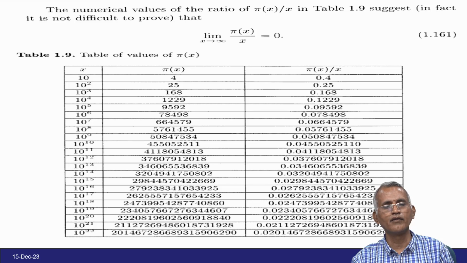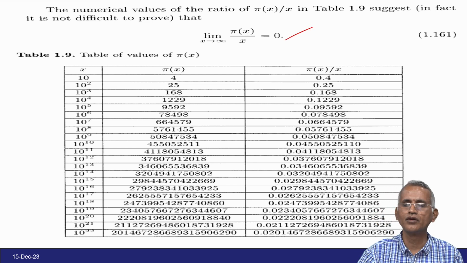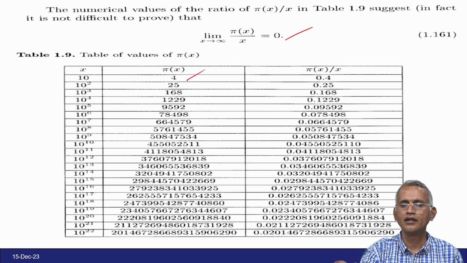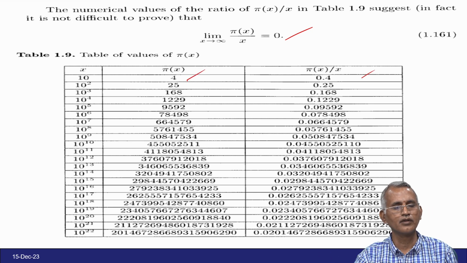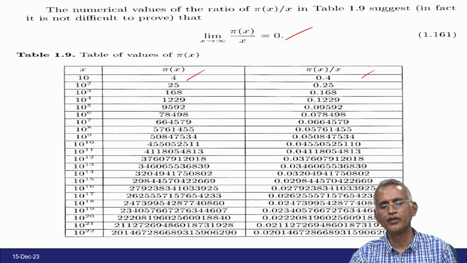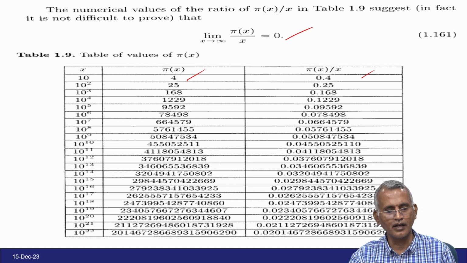So, these are the numerical values of the ratio. If you take pi of x by x, when x tends to infinity, it becomes 0. Therefore, we have a table: x equal to 10, pi of 10 is 4, and if you divide it, it becomes 0.4. 10 squared means 100, pi of 100 is 25 primes, and if you take the ratio, it becomes 0.25, like that.